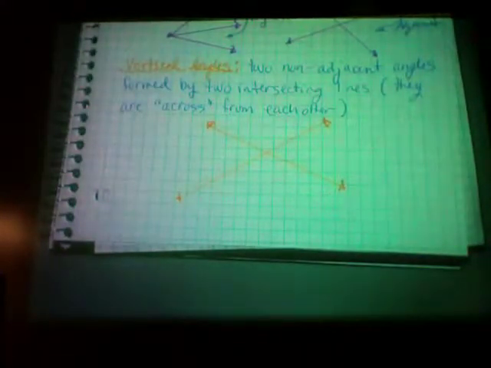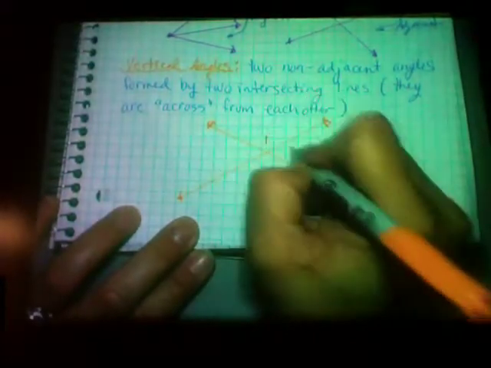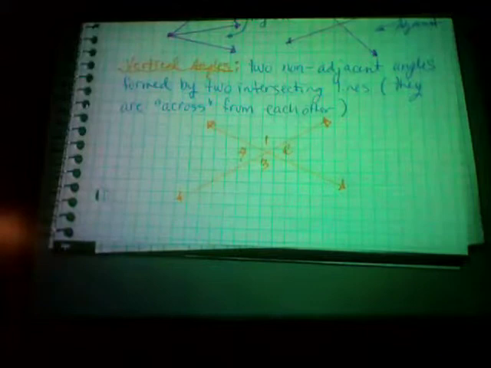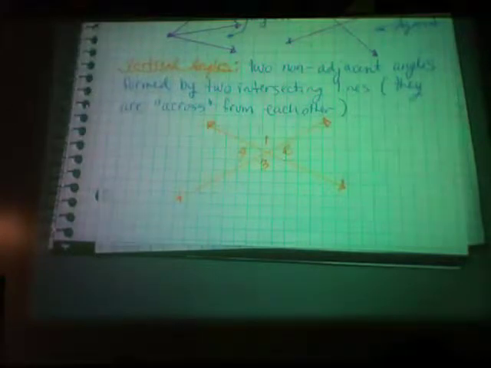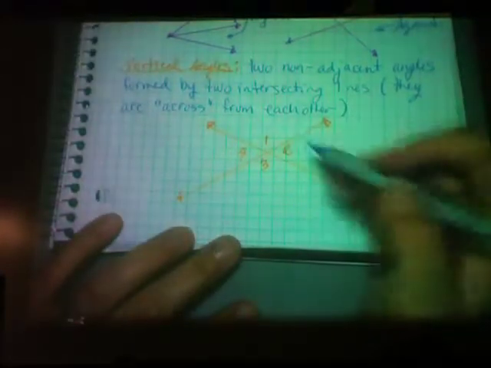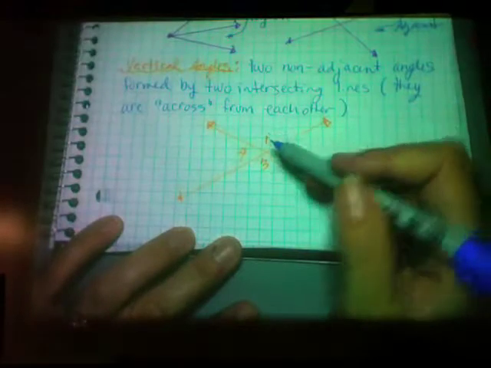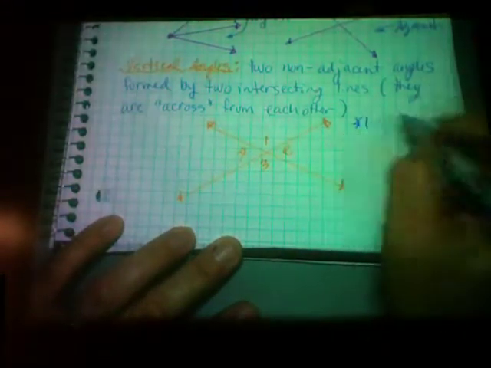And I'm going to number them 1, 2, 3, and 4. Which angles are across from each other? Give me one pair of angles that are across from each other. Okay, I heard both of them. So what's across from angle 1?